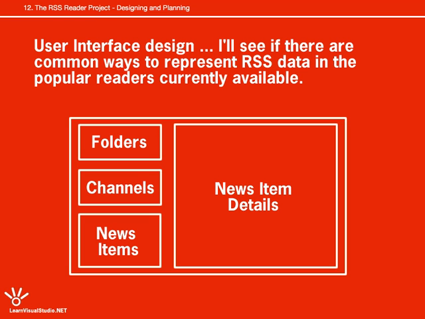By selecting an individual news item, then we'll see all the details, the title, the description, the link, and we'll even allow our user to click on a link and then view that within a little Internet Explorer window, a little web window within the same form. Now later on I can come back and update the UI and try more of a tree view style interface, but for right now I just want to keep it real simple and get the core application working before I worry about more UI enhancements.